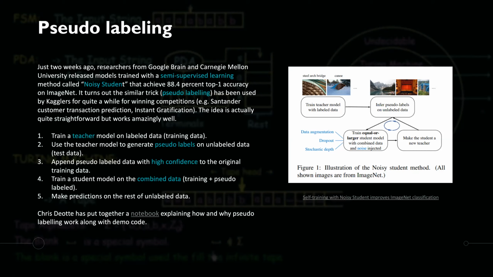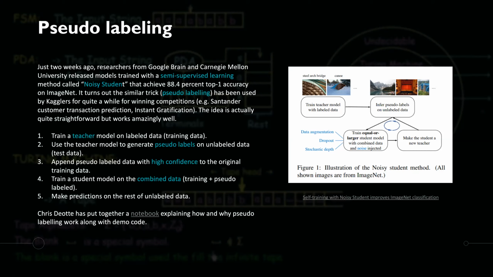Say we can define a threshold: anything greater than 0.99, we see as a confident label. Then we may end up with 1% of the test data being labeled with high confidence.